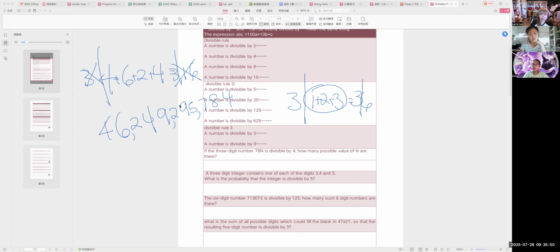The trick is to cross out the digits that are already divisible by 3. Can you do that? So 4 plus 2 is divisible by 3, cross it. And 2 plus 7 is divisible by 3, cross it. And 5 plus 4 equals 9, divisible by 3. So we only have 8 left. Oh, sorry, 8 plus 4 equals 12. So 12 is divisible by 3. This whole number is divisible by 3.